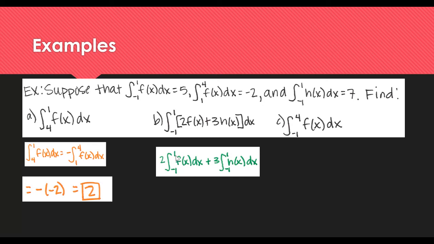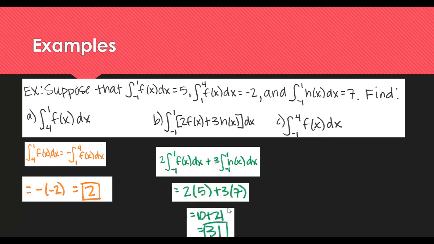So that's 2 times the integral from -1 to 1 of f plus 3 times the integral from -1 to 1 of h. Well, I know -1 to 1 of f is 5, and I know -1 to 1 of h is 7. So that's 2 times 5 plus 3 times 7, which is 10 plus 21, which is 31. So you're just plugging stuff in, really.